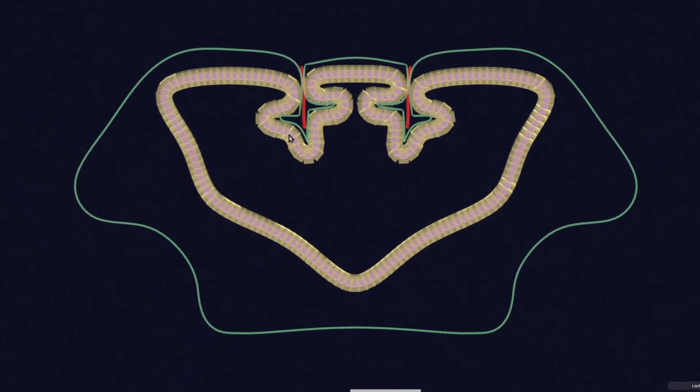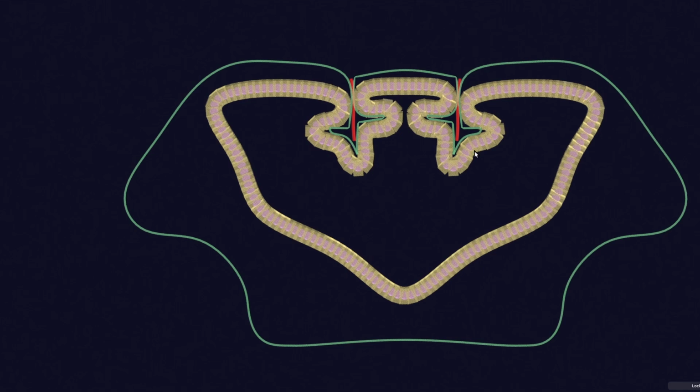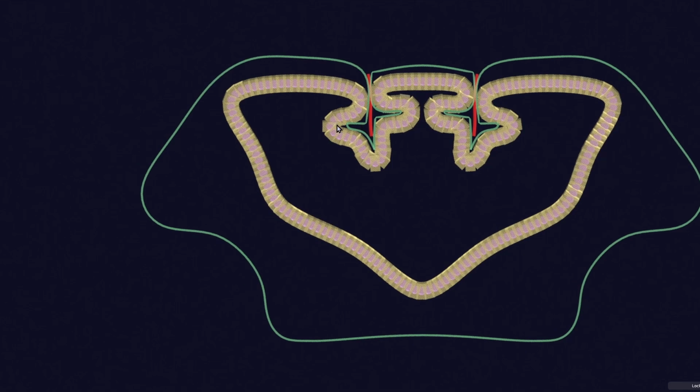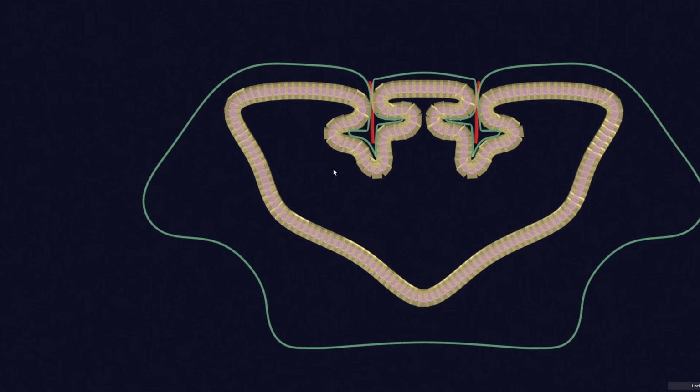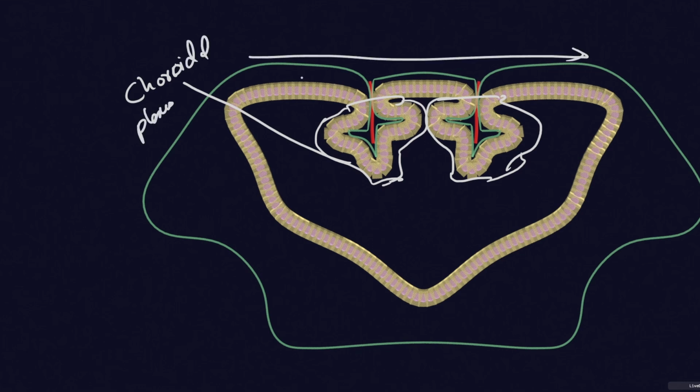This structure, which consists of tufts or finger-like projections made of pia mater, ependymal epithelium, as well as blood vessels, is termed the choroidal plexus. This one is one plexus, this one is the other.